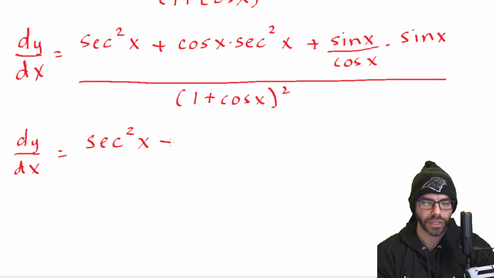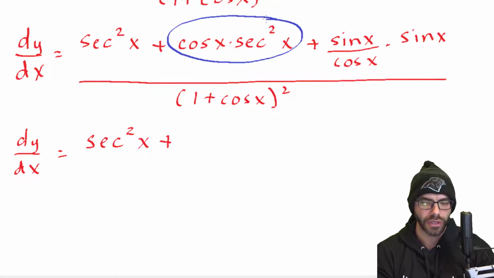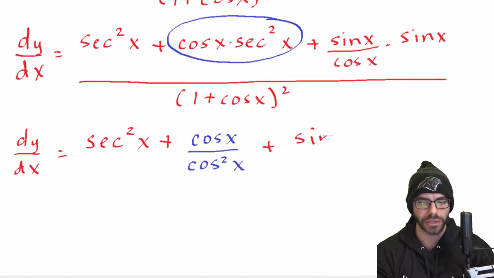Now, if I go here to this second term, remember, secant squared is equal to 1 over cosine squared. So if you have cosine x over cosine squared x, that will reduce to 1 over cosine or secant. And then finally, sine over cosine times sine is going to be sine squared over cosine x.